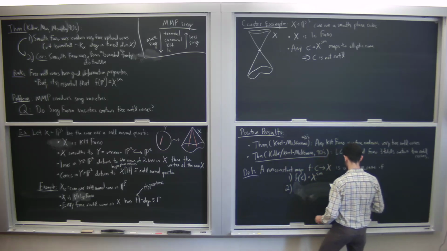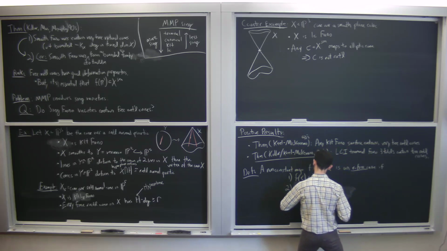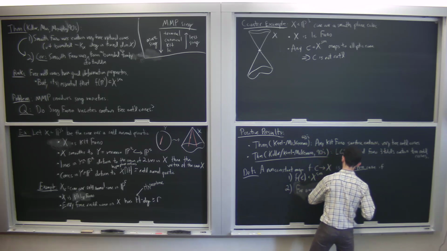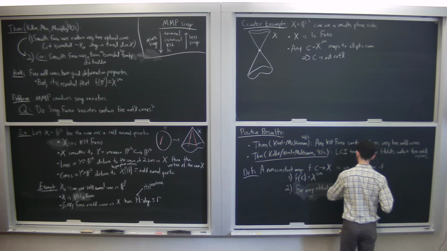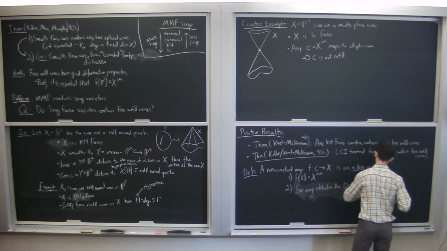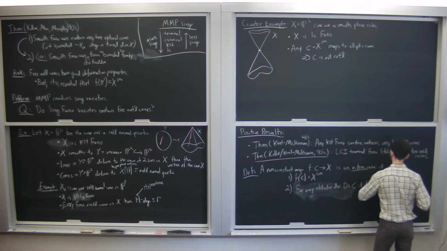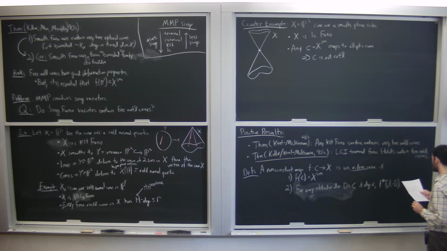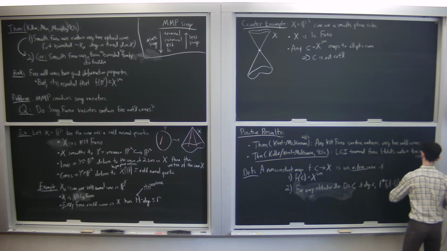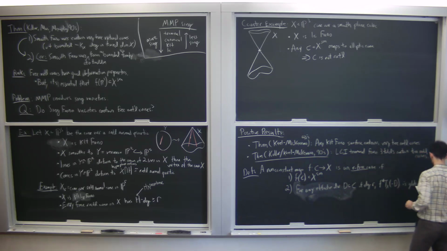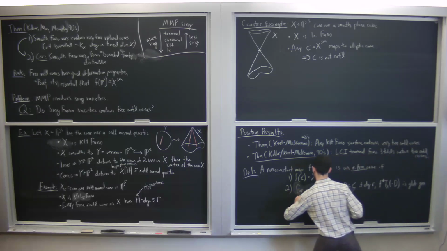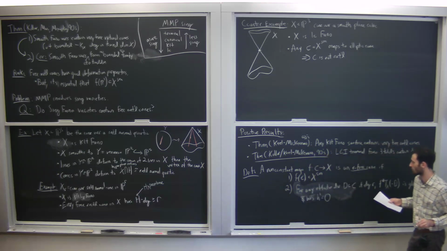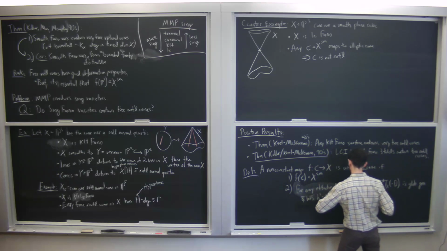And two, for any effective divisor D subset C of degree R, the pullback of T_X twisted down by minus D is globally generated and has first cohomology equal to 0.